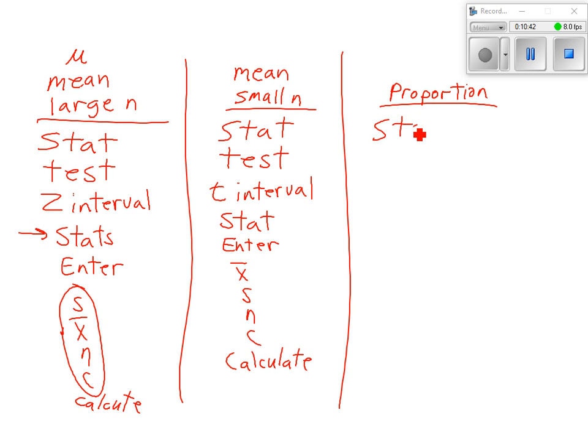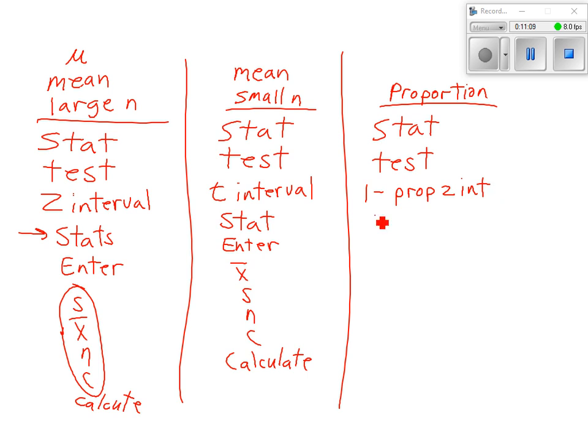Yes. What is it? One prop. That's ZIN. So it's one prop, Z interval. So this tells you that you're doing a proportion, all right? So we're doing a proportion with a Z interval. X, N, and C.